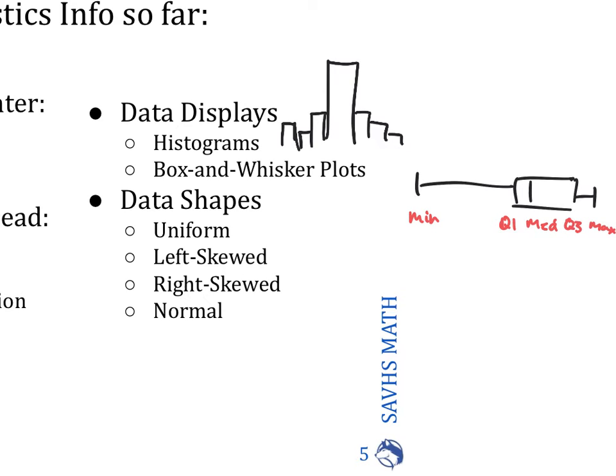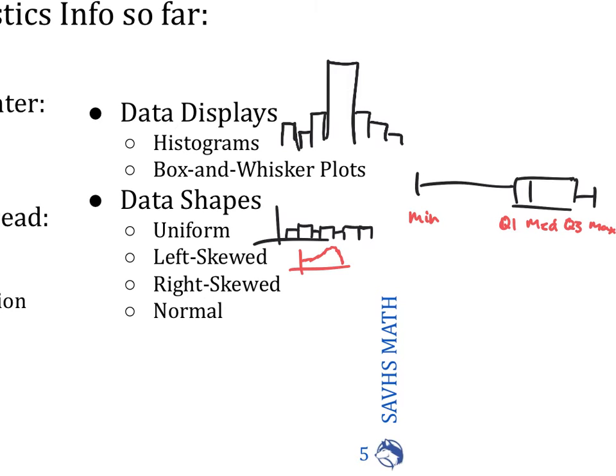Okay, data shapes, uniform. Uniform data looks like this, where all of them are about the same, and there isn't really a great pattern to what is happening. So this could be a uniform distribution. A left skewed data set looks like this, where there's a lot of data on the right side and then it kind of goes down towards the left side.